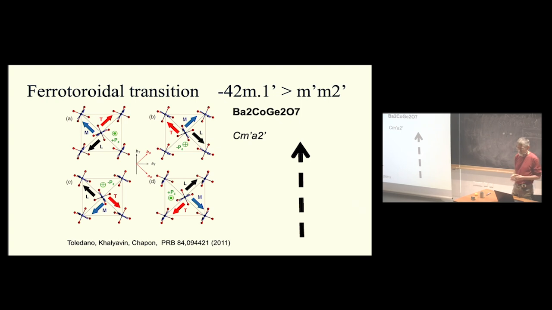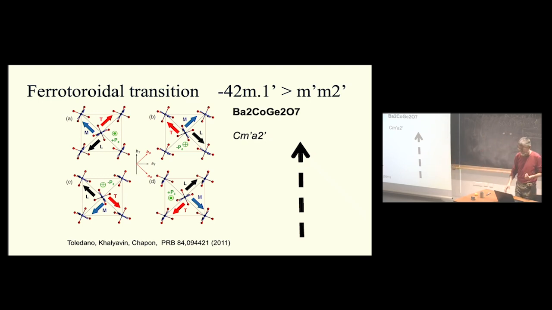So are these arrows somehow useful, or is it just some game? One of the things is that polarization and magnetization are known to be order parameters of ferroelectrics and ferromagnets. So what about these other arrows? For example, the toroidal moment, which is this symbol, the magnetic, time-odd polar vector, could be another order parameter in this compound.